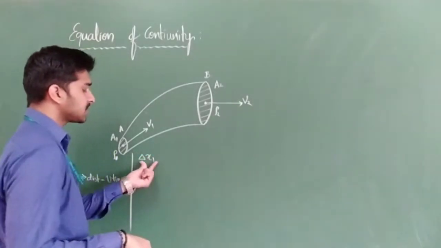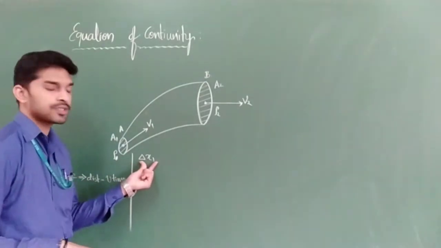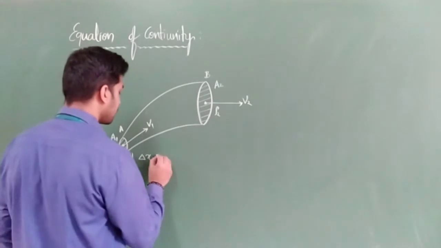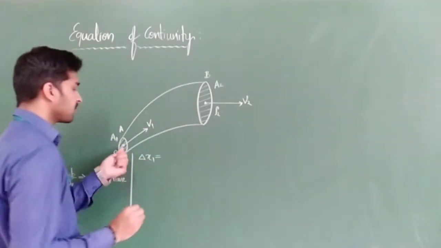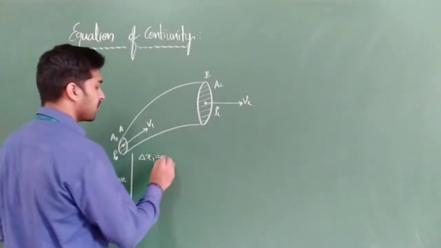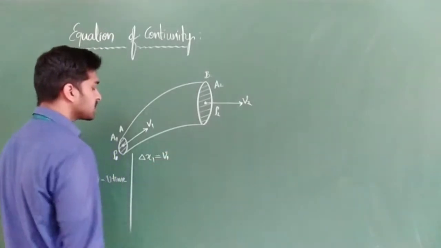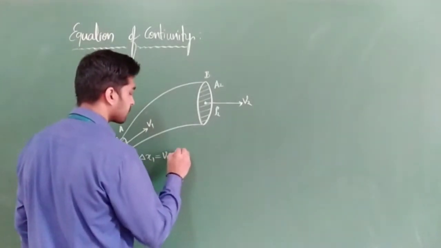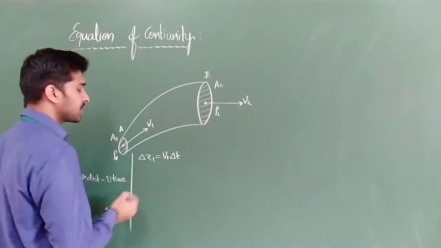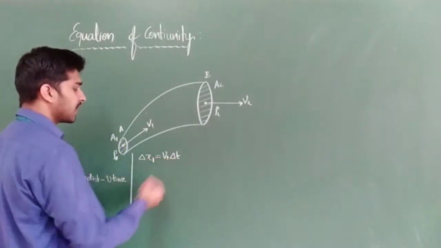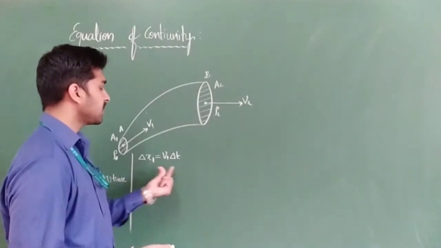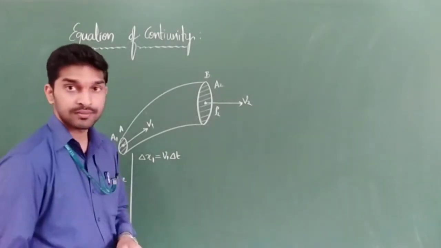This is the distance covered by the fluid particle in a small interval of time delta t. So delta x is velocity into time. What is the velocity here? v1, in a small interval of time delta t. Delta x1 is equal to v1 into delta t. This is the distance covered by the fluid particle in the small interval delta t.